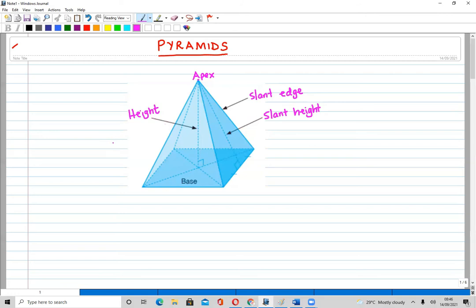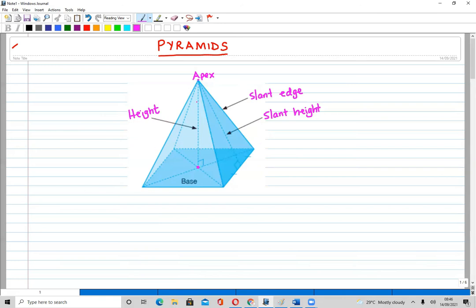Now, in a pyramid, what we call a slant height is not the same as the height. When we say height, we mean the height of the whole pyramid. It goes all the way from the apex up to the center of the base. So that is what we call the height.